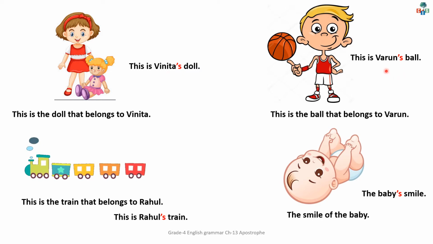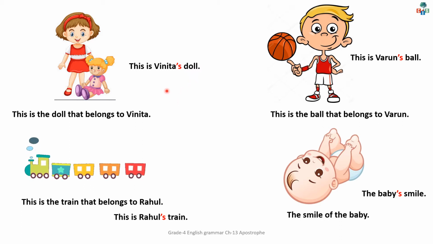Every time we can't say the words belongs to. So it is replaced by an apostrophe mark and an S. Okay. Means it shows the possession or ownership.